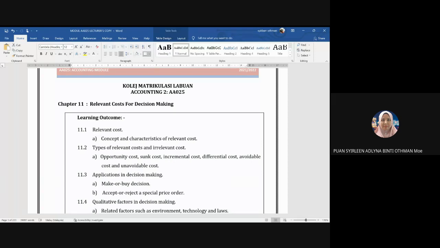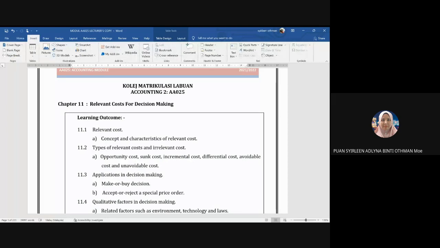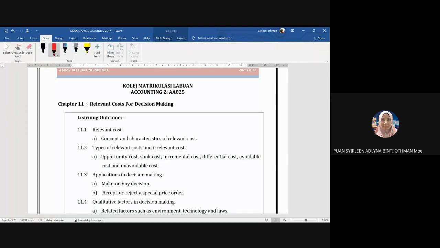So before we start with the calculations, we need to understand a few things. Untuk topik 11 ni ada a few very important terms and definitions yang kamu mesti faham. Bila you faham the definitions and the concept, adalah lebih mudah untuk kamu buat pengiraan. Alright, okay. So for this topic, we have 11.1, which is relevant cost.